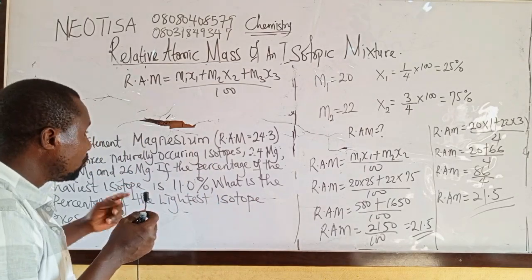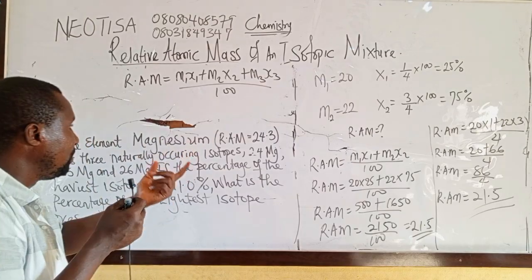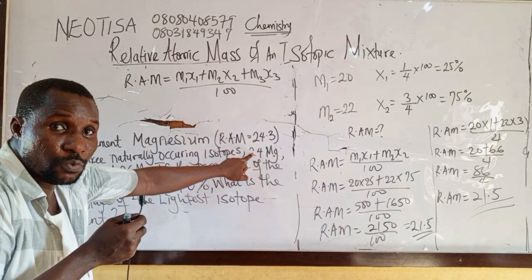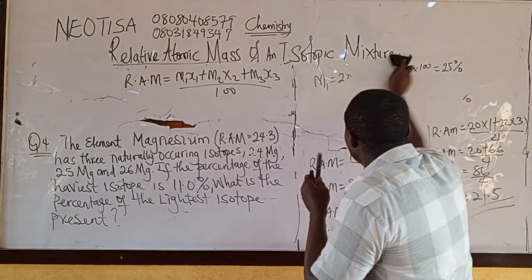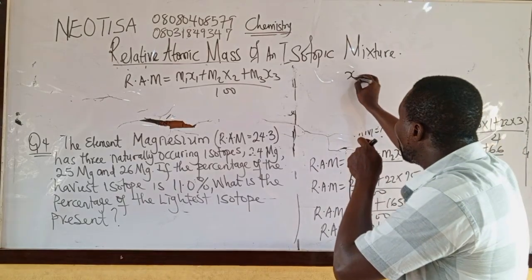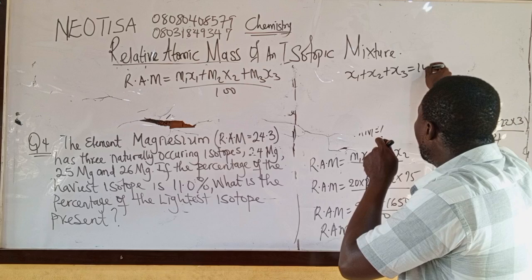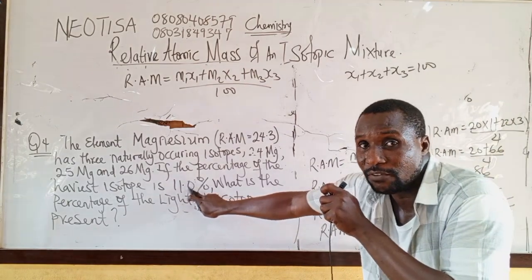Then they want you to calculate the relative abundance of the lightest one. Which one will be the lightest? Mass 24 will be the lightest. Very simple: you know that the sum x1 plus x2 plus x3 is 100. x3 is given as 11.